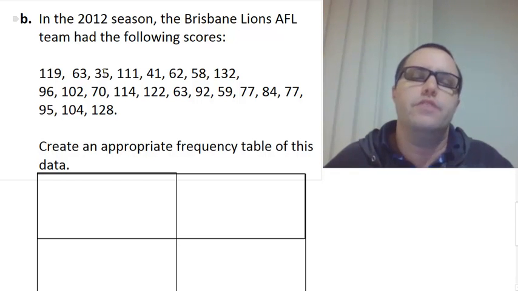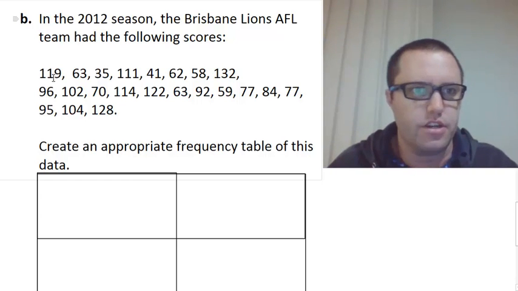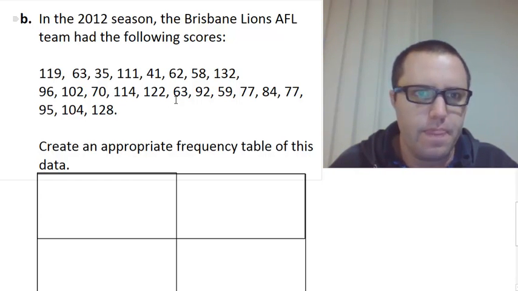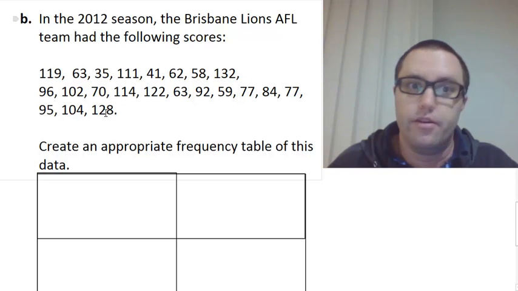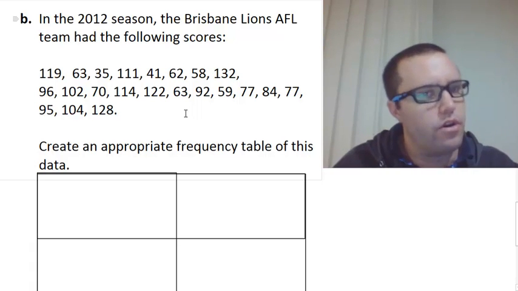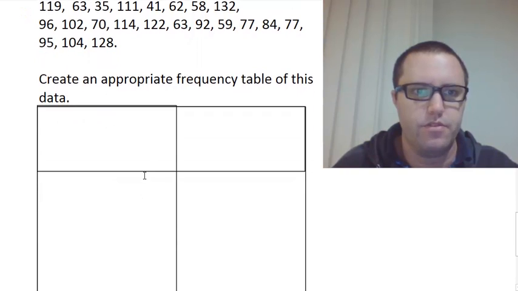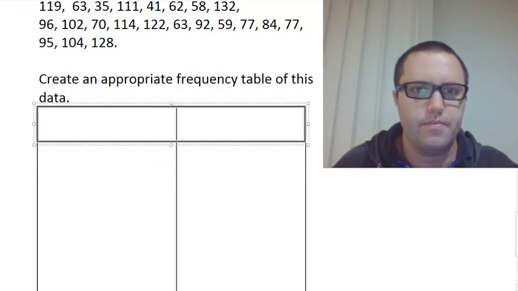Obviously, you don't want to have a giant list of frequencies that goes all the way from the smallest score of 35 up to 128 or 132. That's a lot of work to do. So I've asked to create an appropriate frequency table for this data. So let's shorten that up a bit.